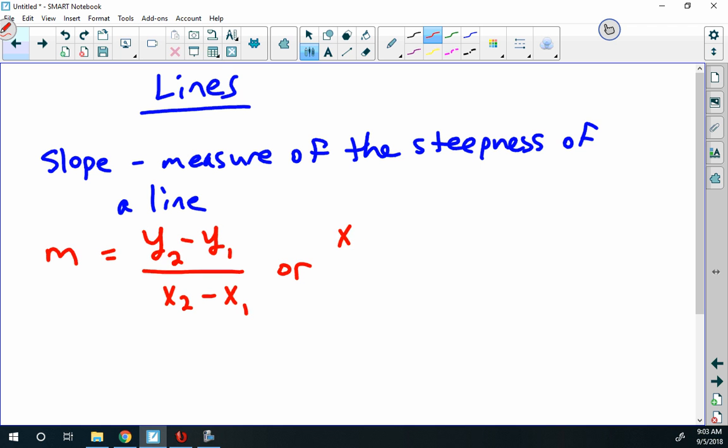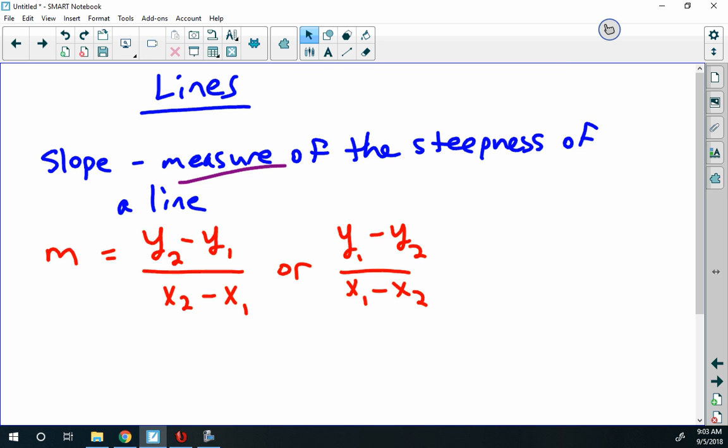Or maybe y1 minus y2 over x1 minus x2. You could do either one. They only show you the one formula, but both of them are the same. But that's how you calculate the slope. And since slope is a measure, it has a number attached to it, doesn't it?